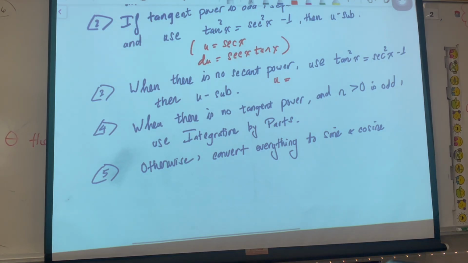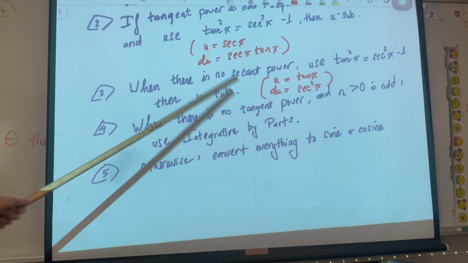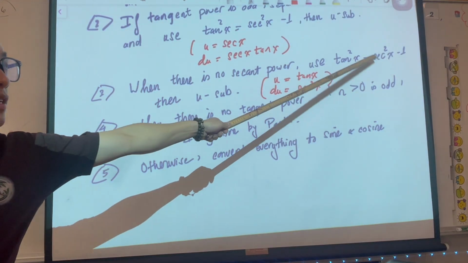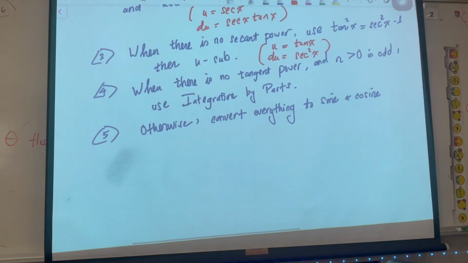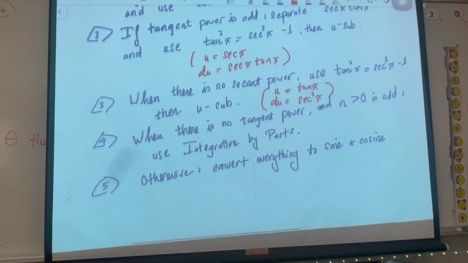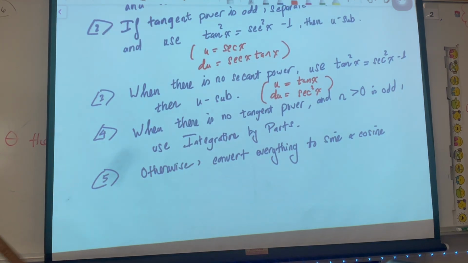What is the derivative of tangent? Secant square. Then you will see that we convert everything to secant square, and you also have the derivative. I'll give you an example for each one. If there's no tangent power and the secant power is odd, you're gonna use integration by parts.